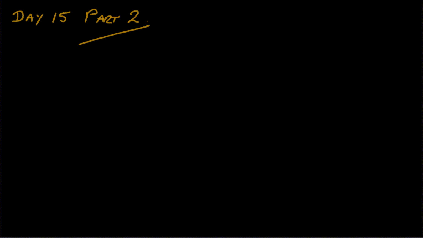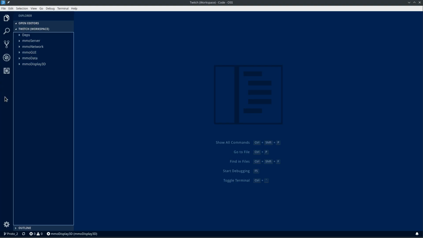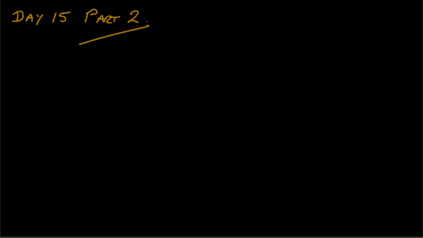What have we got? We have a GUI data network, don't matter there, already done. GUI to server to display. That's what we've got. So we have one program here, we have another program here, and we have display.